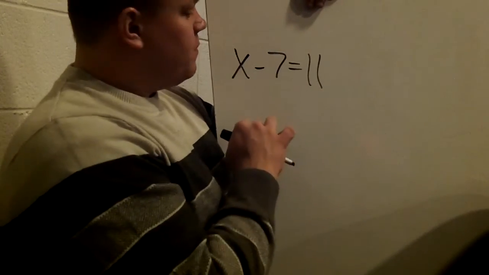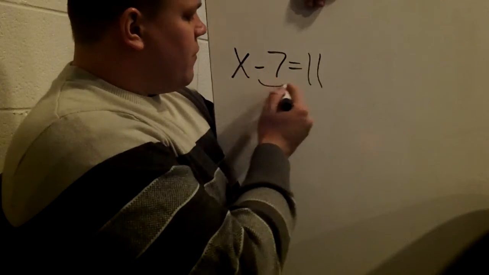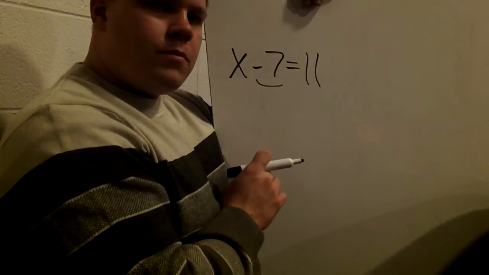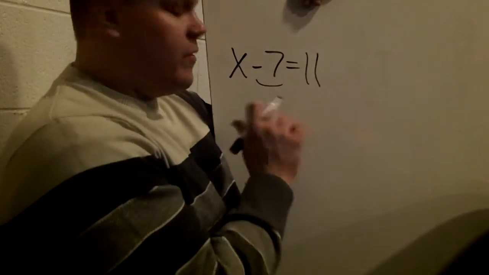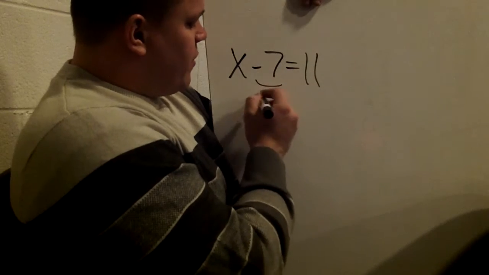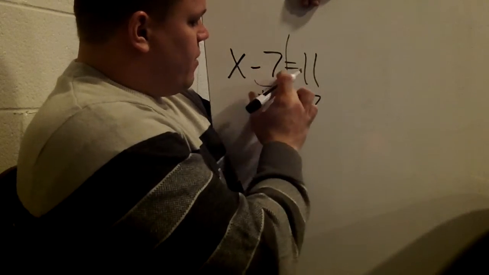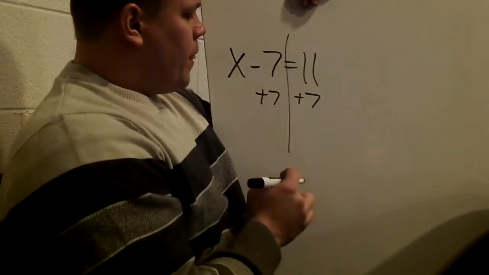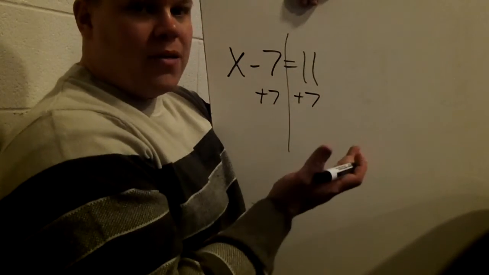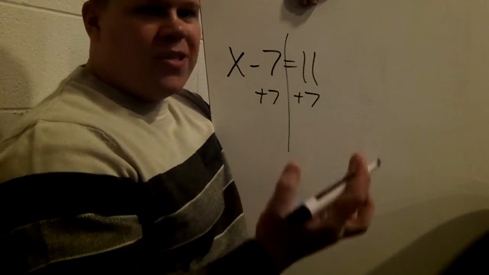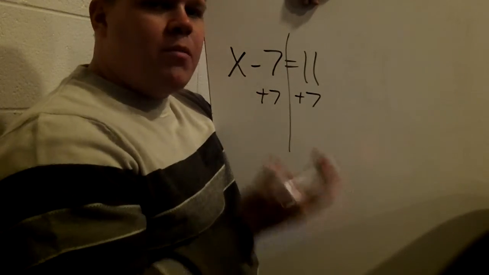It'll make it a lot easier. What's the opposite of subtracting 7? It would be adding 7. So if I add 7 to this side, and also add 7 to this side, I can show balance, and I can do the opposite operation, which is the basis for algebra. The algebra means to balance.